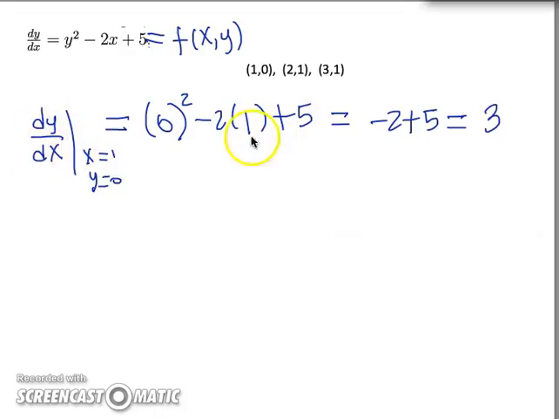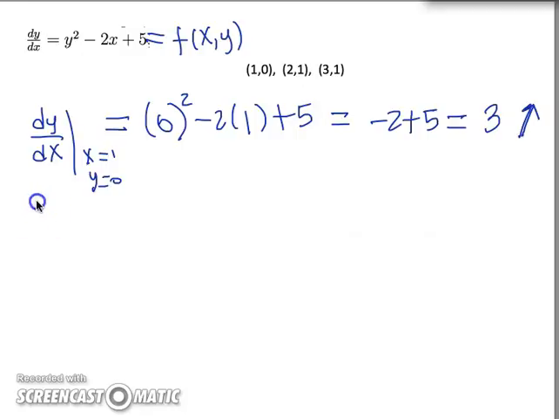Now, this 3 is going to have the meaning of the value of a slope. We want to think of a slope of a tangent to a curve. Okay, that curve would be defined in the two-dimensional plane, and that slope here being positive, we want to think of this as we're going to draw an arrow that illustrates a line with a positive slope.